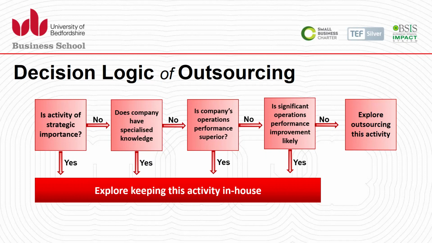Do we have enough specialized expertise or knowledge in-house, or enough resources available with a superior performance, or is this something that has significance for the organization to do in-house? If the answer is no, then we can go straightforward, and that is the logic for making a decision on outsourcing.